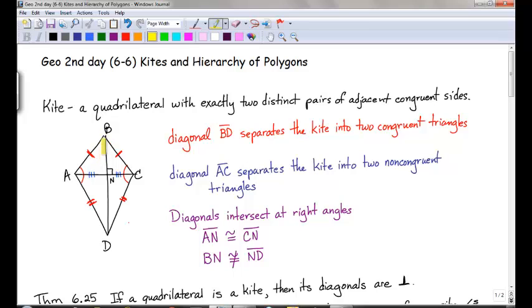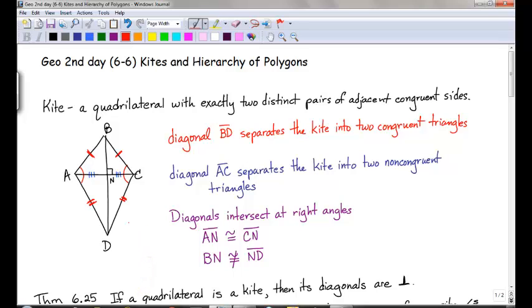If you look here, this separates the kite into this large triangle, BAD, and BCD. Those two triangles are congruent. So the diagonal BD separates the kite into two congruent triangles.